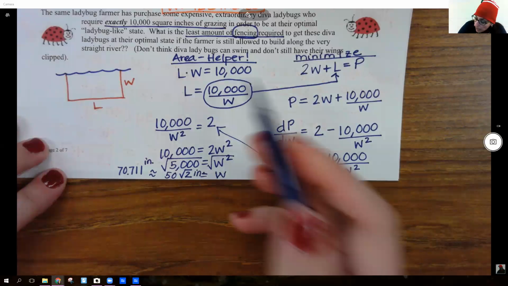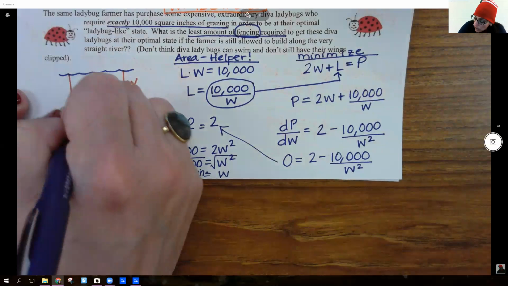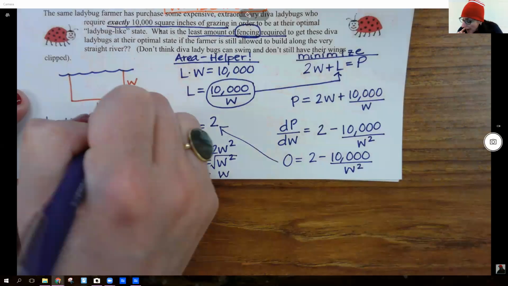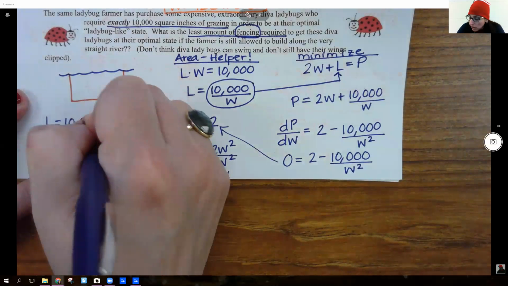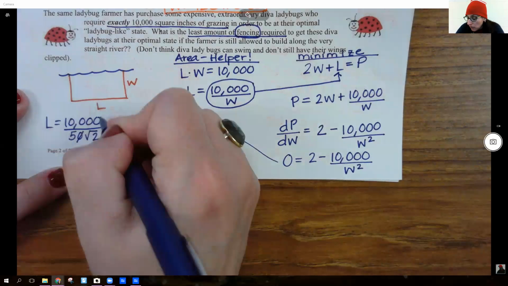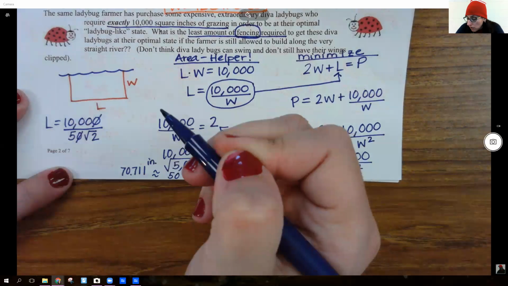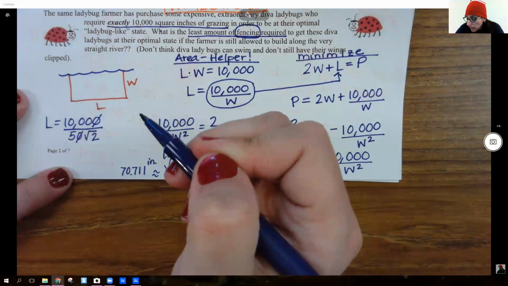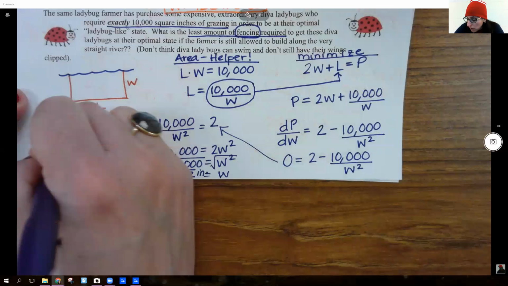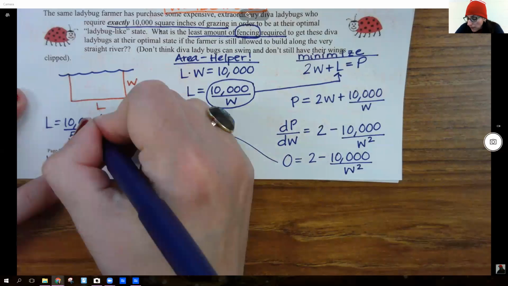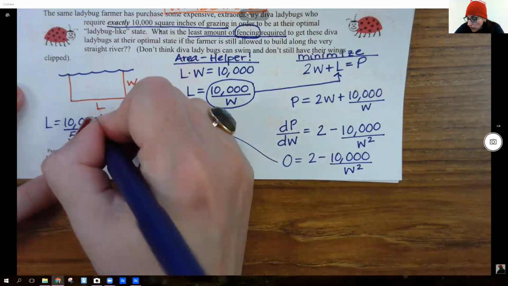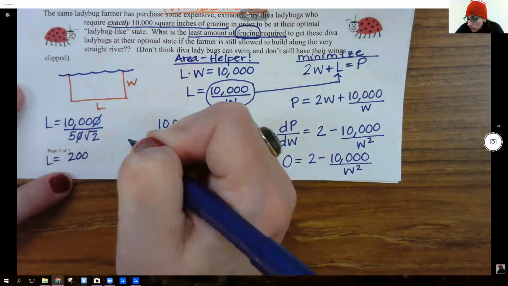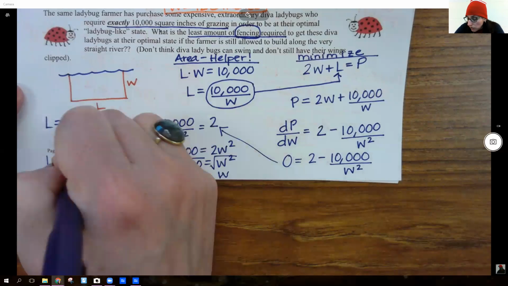So anyway, the length would be 10,000 divided by 50 root 2, which, let's see, knock that out. 1,000 divided by 5 is 200. And then over root 2.